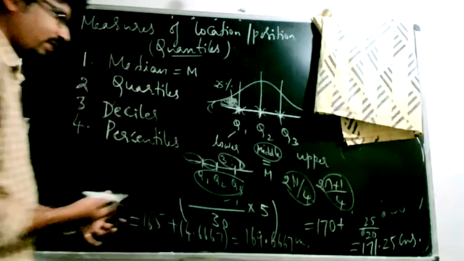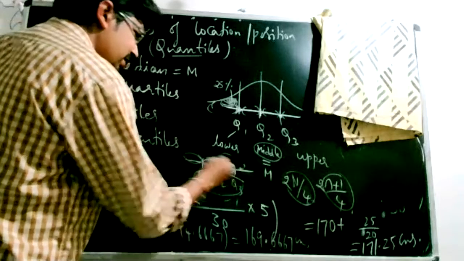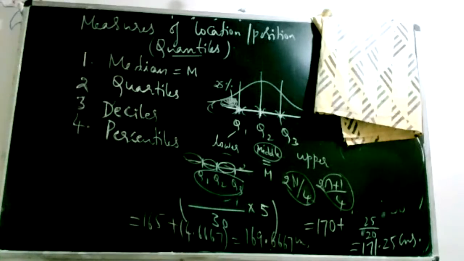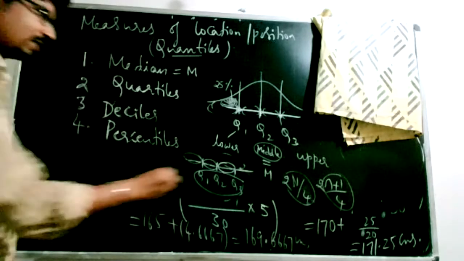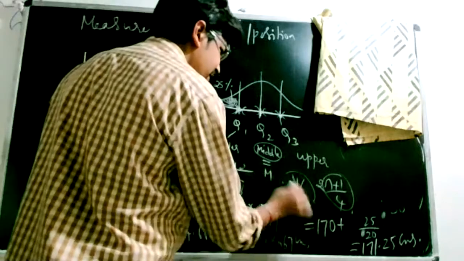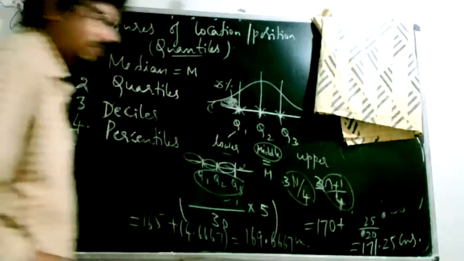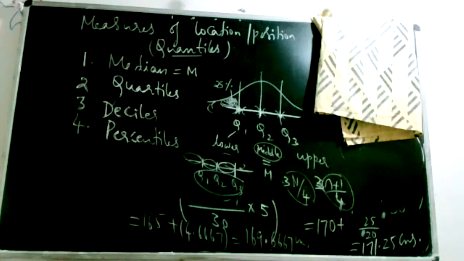Now if you look into the position of Q3, it is using 3 times 25% on the right side. So it is that value which is dividing the ratio in the position 3 is to 1. Therefore, its position will be 3n by 4, or 3 into n plus 1 by 4.